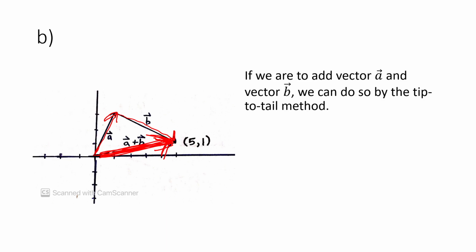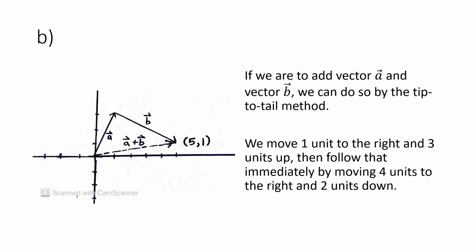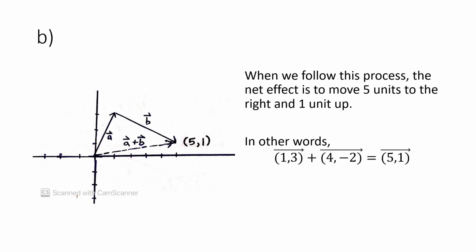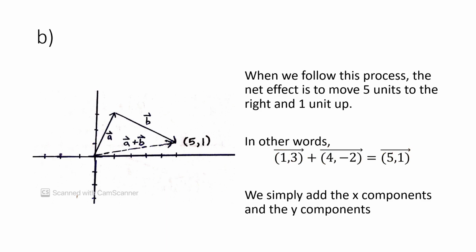But perhaps you want a slightly quicker method than having to graph every time and count the squares. And there is such a quicker method, actually. What we can do instead is just add the x components of the two vectors. So if I'm adding vector 1, 3 and vector 4, negative 2, 1 plus 4 is 5. And 3 plus negative 2 is 1. I end up with the resultant vector 5, 1.